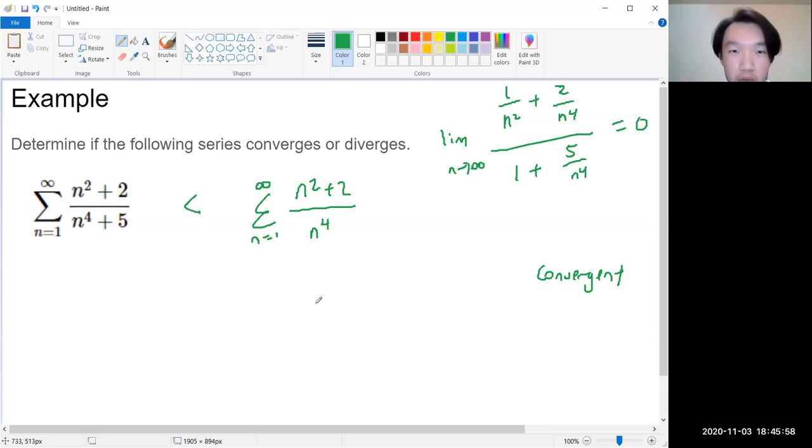Can we do something with this green series? Take the limit. If you take the limit, you'll get infinity over infinity, so we can't take the limit yet. I have an idea. Let's break it into 2 fractions.